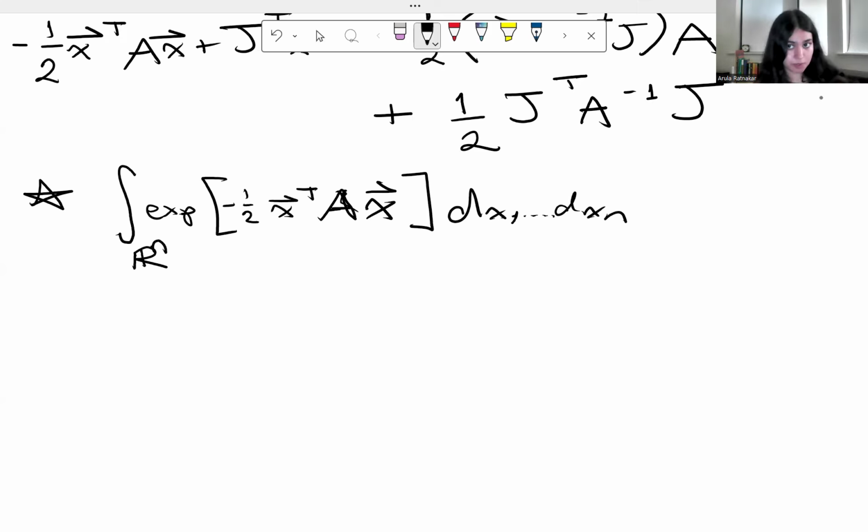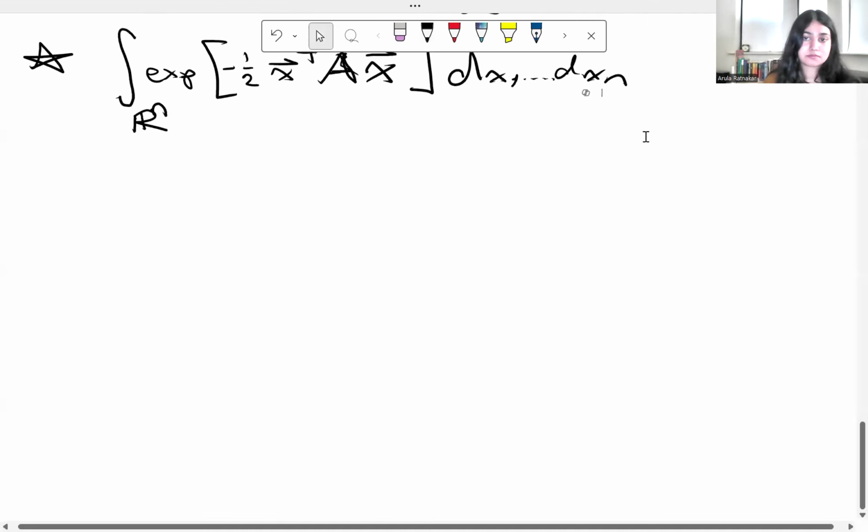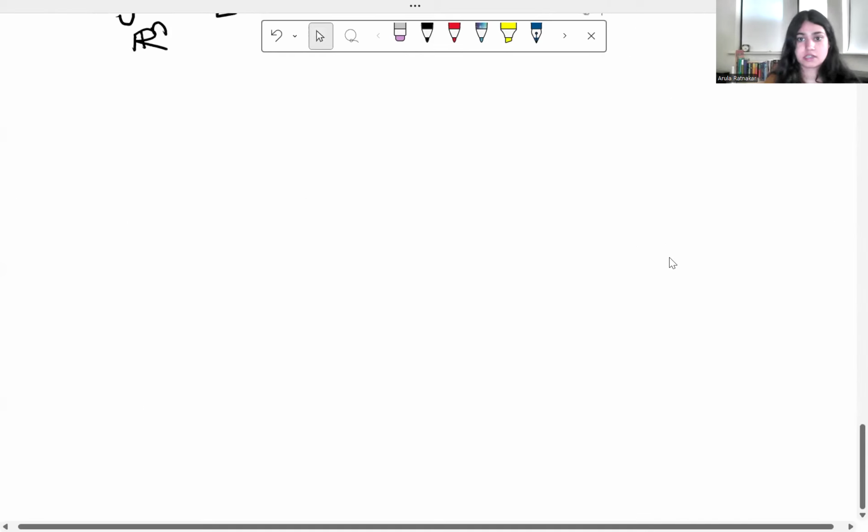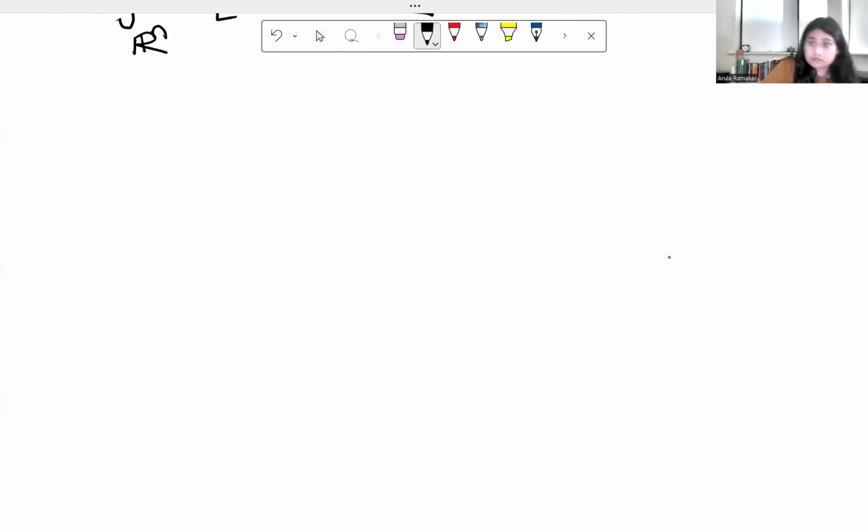So this is really important because you'll see pretty soon that this is going to become relevant. But anyway, now we've divided this exponent into these two things.